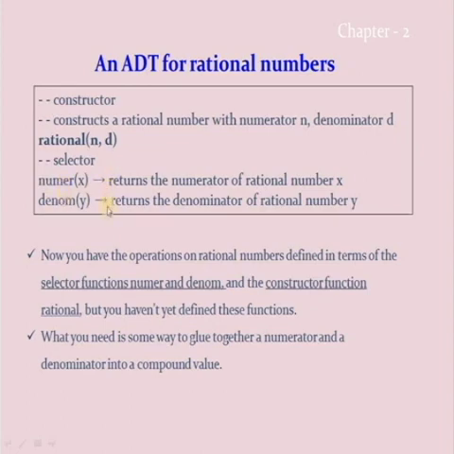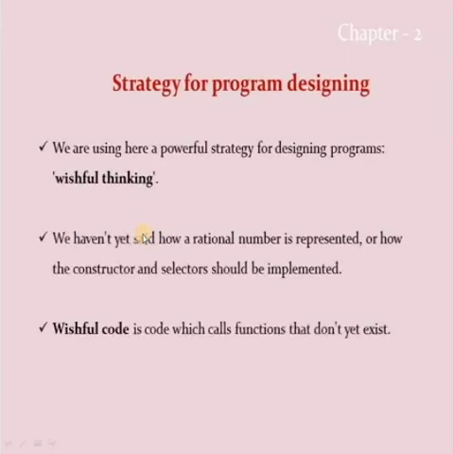So up to this level, it is said to be abstract data type. And this methodology of program designing is said to be wishful thinking. We have not yet said how a rational number is represented or how the constructor and the selector should be implemented.